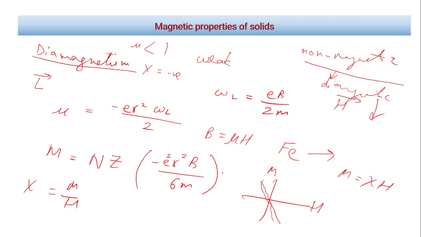Overall in this expression, I see no influence of temperature, and that is what is seen: the diamagnetic behavior of any material is independent of temperature. At any temperature, the diamagnetic influence is the same. So for a diamagnetic material, susceptibility or permeability is independent of temperature.